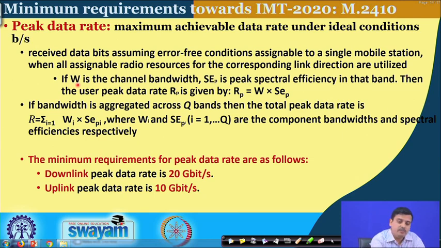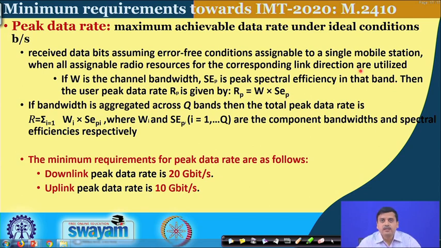So, if W is the channel bandwidth, SE sub P is the peak spectral efficiency. You get this peak spectral efficiency by calculating the maximum number of bits that can be sent per unit of hertz, and this is influenced by MIMO and all other mechanisms that come into play.